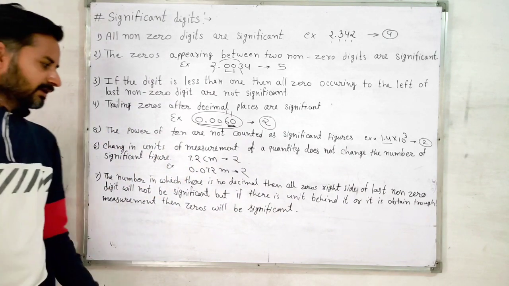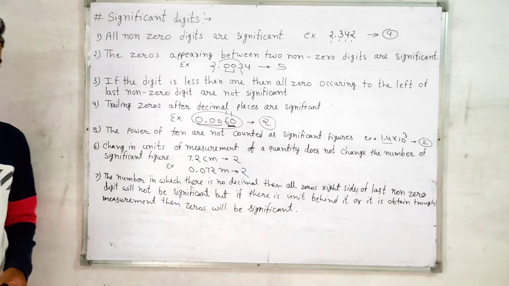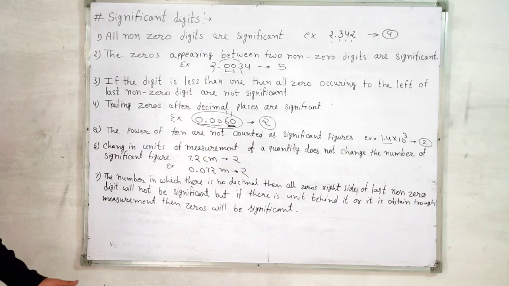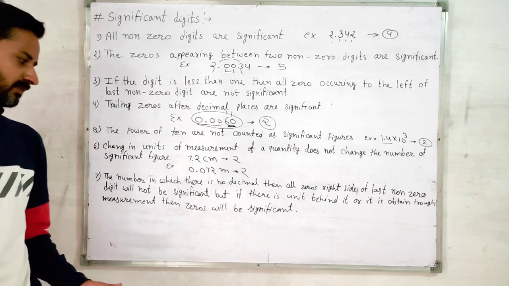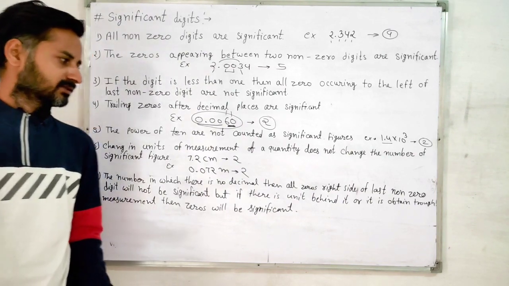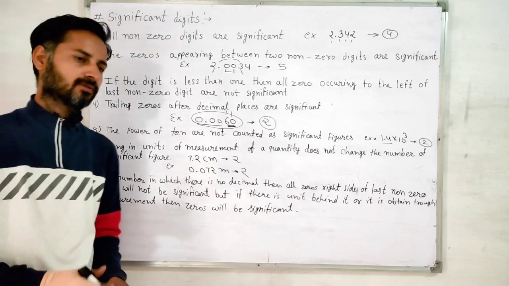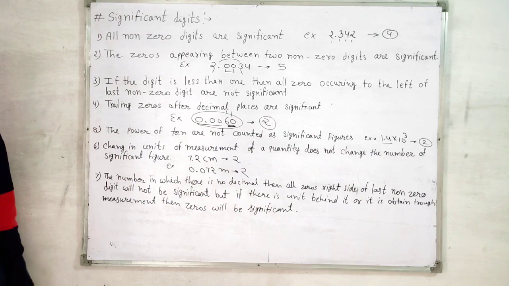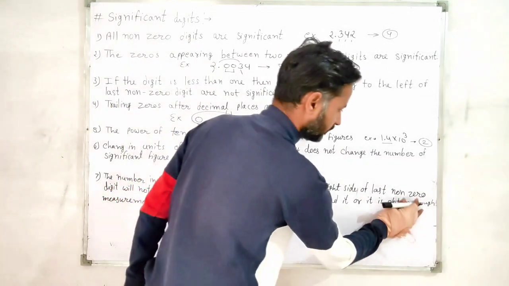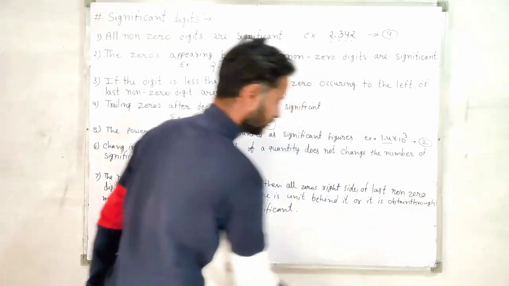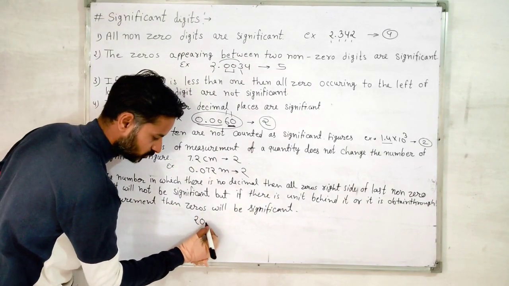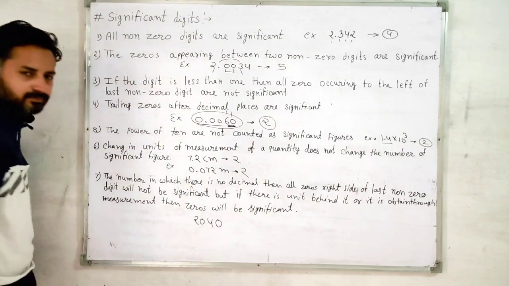Next rule is, for a number in which there is no decimal, all zeros to the right of the last non-zero digit are not significant. But if there is a unit behind it or it is obtained through measurement, then the zeros will be significant. For example, 2040.